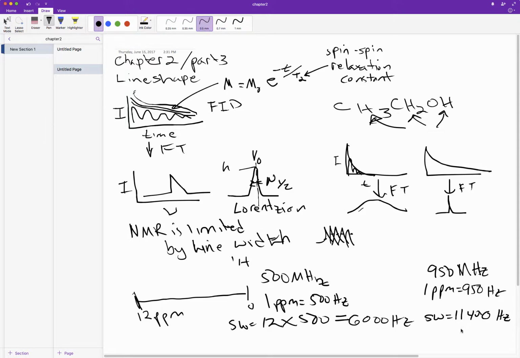So you have a lot more hertz to cover your spectrum when you go to the higher magnetic field.